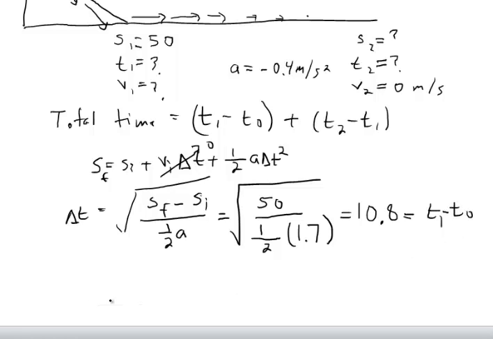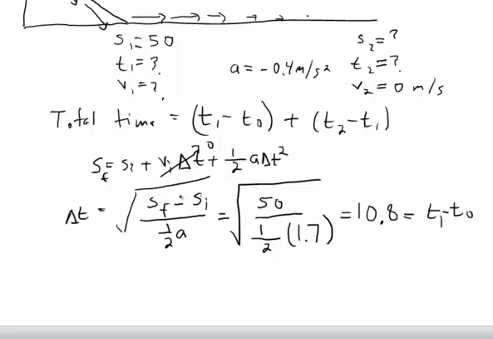The other one, we need to figure out the time. A little trickier because we do not know how far it travels, and nor do we have this velocity. It's like an initial velocity. So let's see.